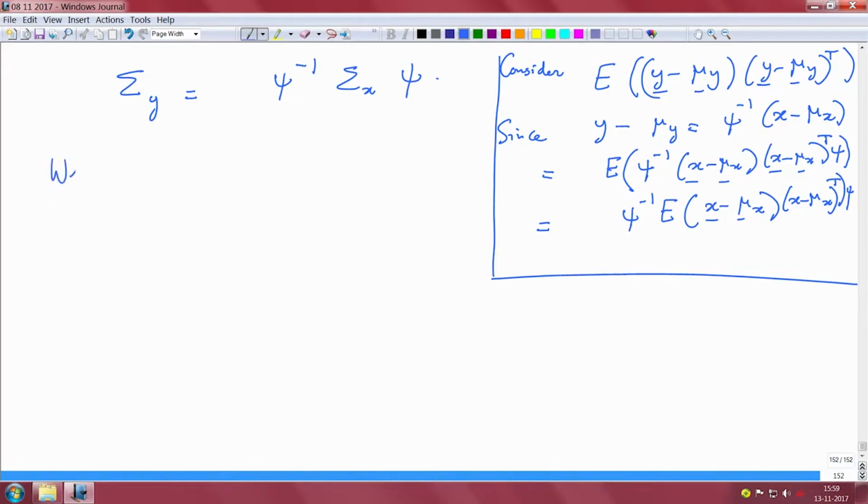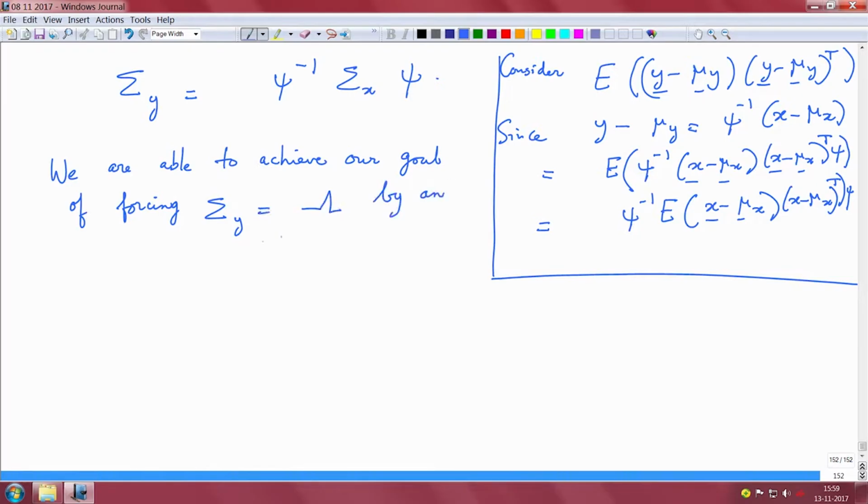Now, we are able to achieve our goal of forcing sigma y to be lambda by an appropriate transformation A equals psi inverse.